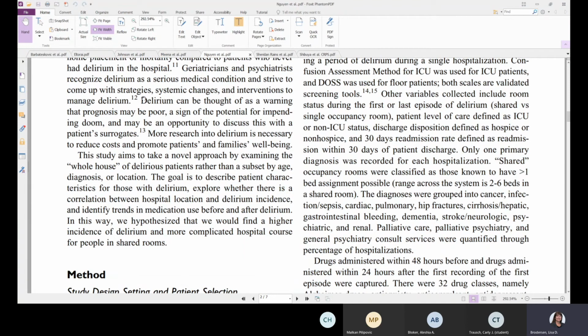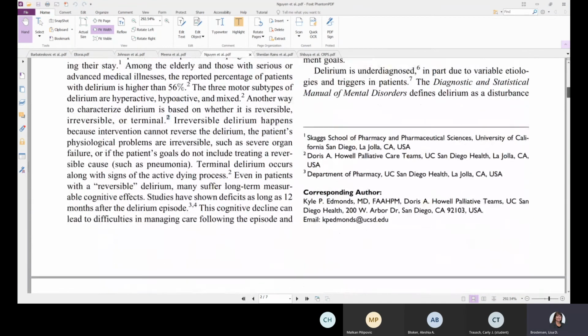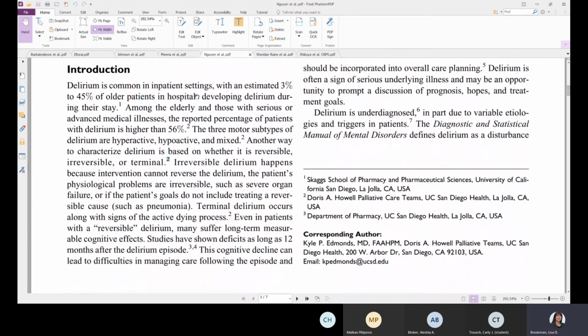So all of their introduction here led up to that. But really the problem itself, delirium, the main problem was introduced in the first part of the first paragraph of the paper. Okay. Couple more here.